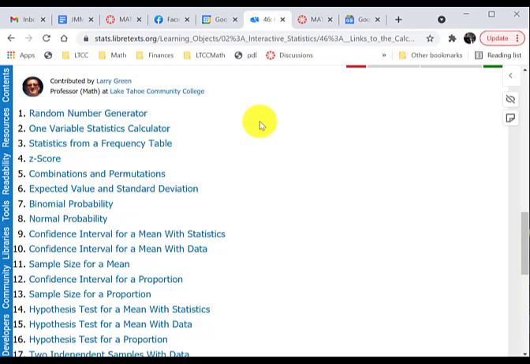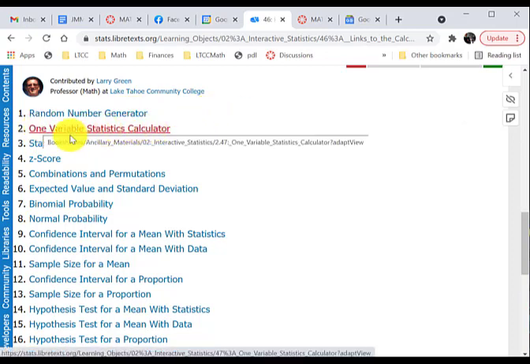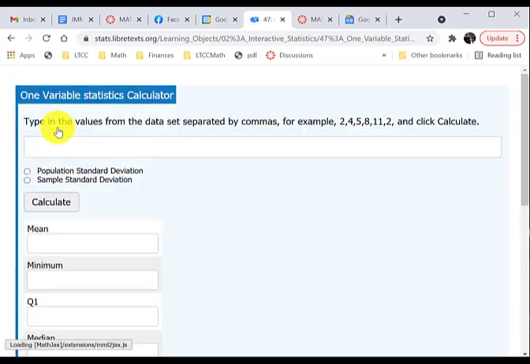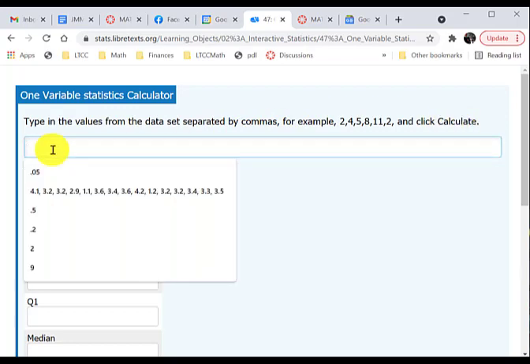Here's a list of calculators, and you'll notice number 2 says one variable statistics calculator. I click there. And the instructions say type in the values from the data set separated by commas and hit calculate. So let's type in the data.